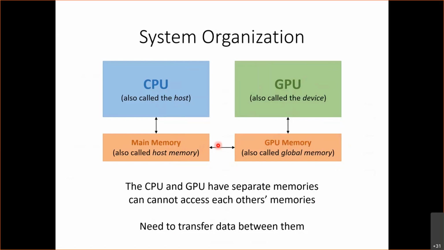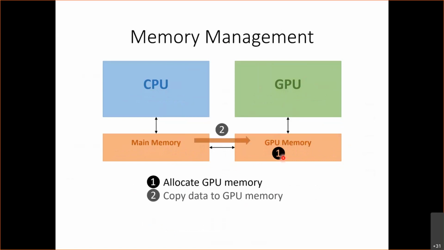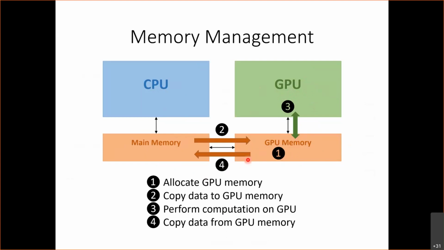The typical sequence of offloading some computation from the CPU to the GPU is: 1, allocate memory on the GPU; 2, copy the data from the main memory of the CPU to the GPU; 3, perform the computation on the GPU, and obviously to perform the computation, the GPU is going to have to access its memory to get the data it needs; 4, copy the data from the GPU memory back to the main memory; and 5, deallocate memory from the GPU.